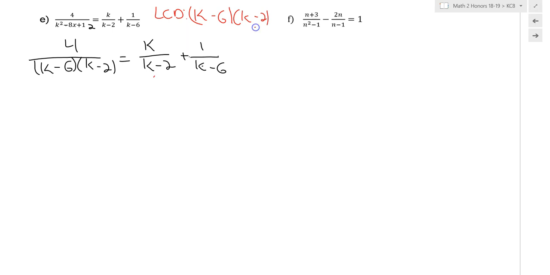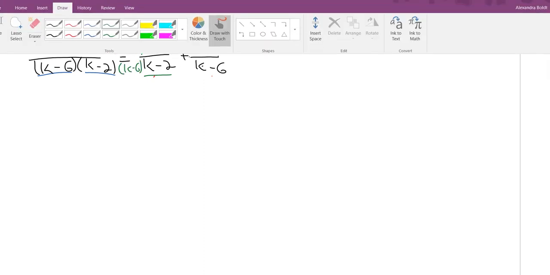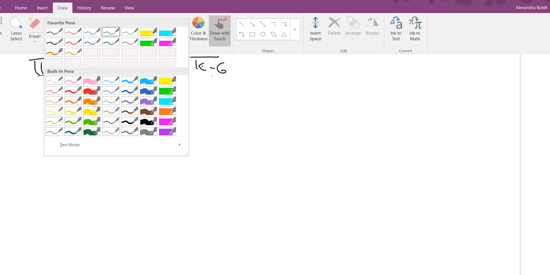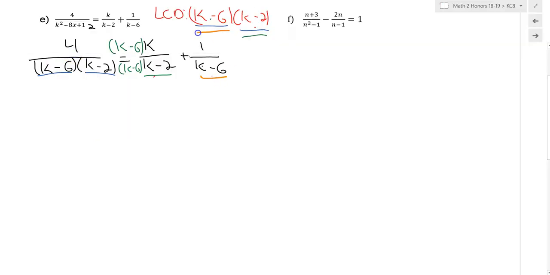We already have both of those, so we don't need anything else. This one has a k minus 2, so it's missing your k minus 6. This one has a k minus 6, so it's missing the k minus 2.